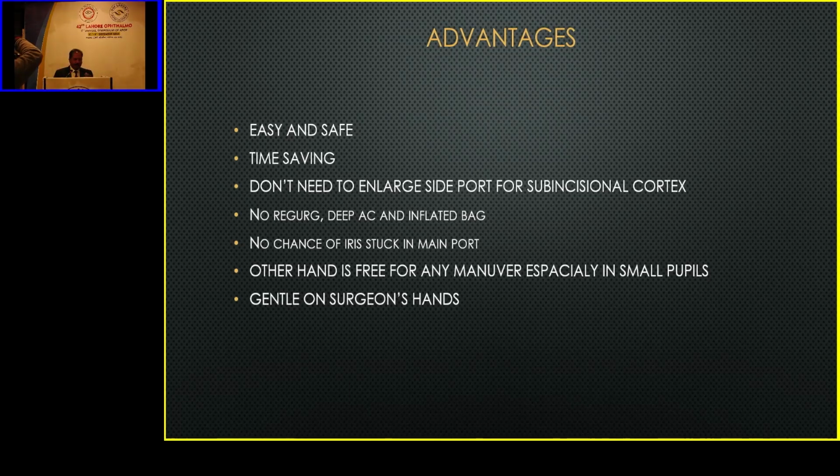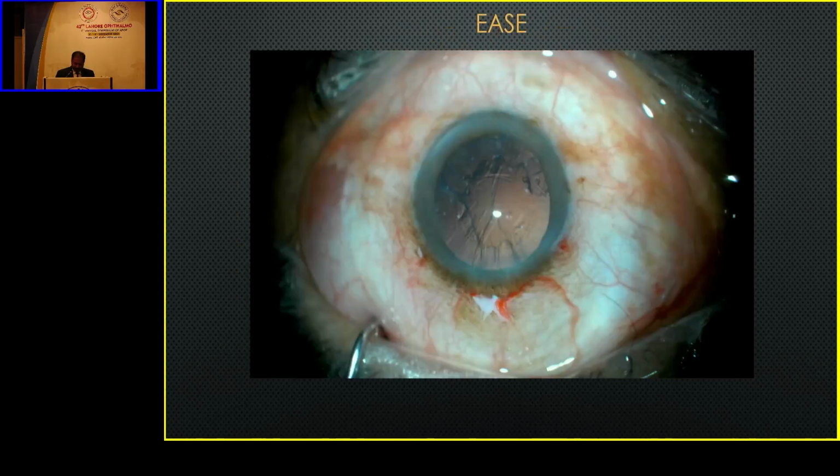When we are using Simcoe, both our hands are busy at the same time in aspiration. But in this case, the other hand is free, and you can use another instrument with your left or non-dominant hand. It's also very gentle on the surgeon's hands.